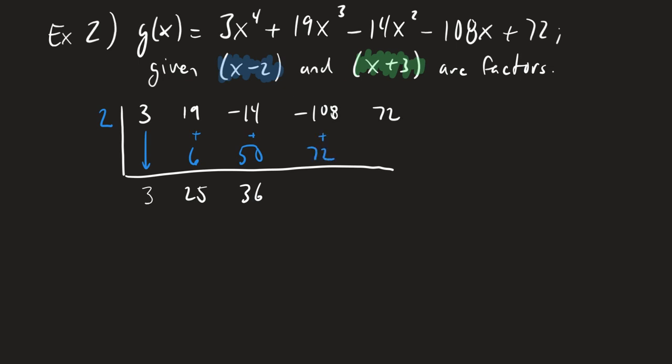Add those together, should get negative 36. And 2 times negative 36 is negative 72, which is good, because that gives me 0. So we do see that x minus 2 is a factor of 3x to the fourth and so on, because the remainder was 0. So we're going to do another layer of synthetic division right below that.